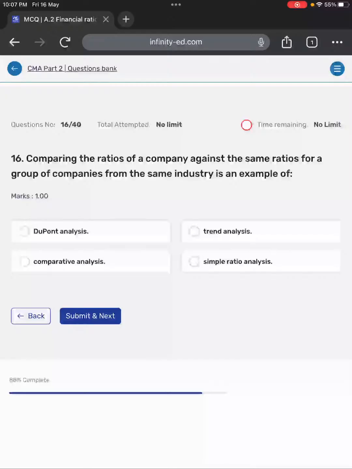Comparing the ratio of the company against the same ratio for a group of companies from the same industry is an example of what?